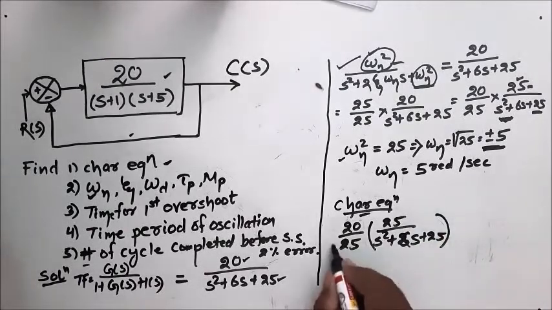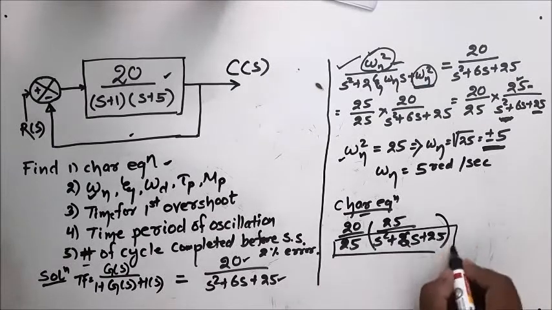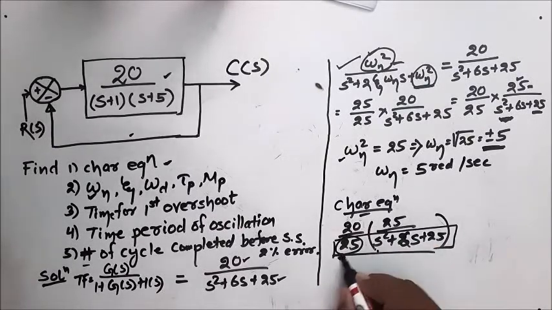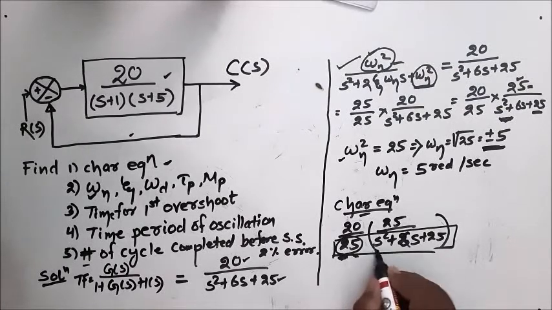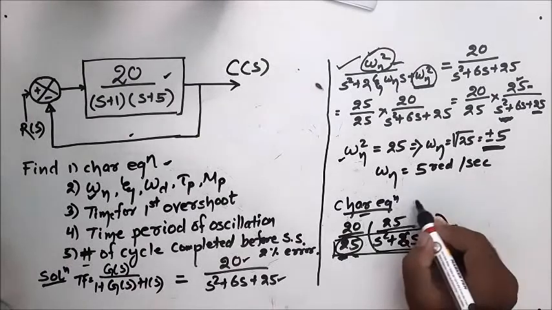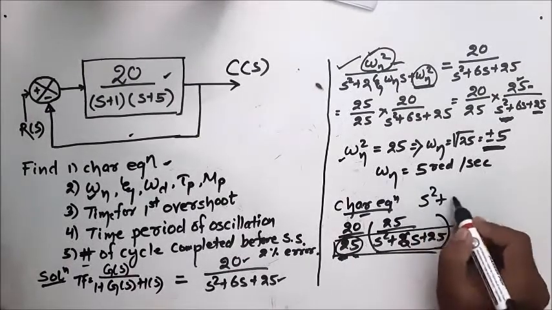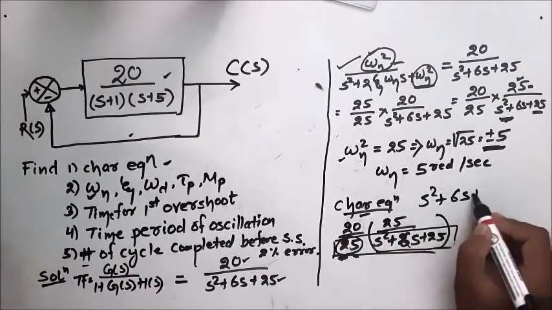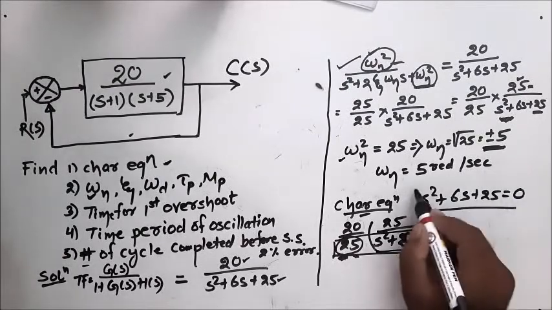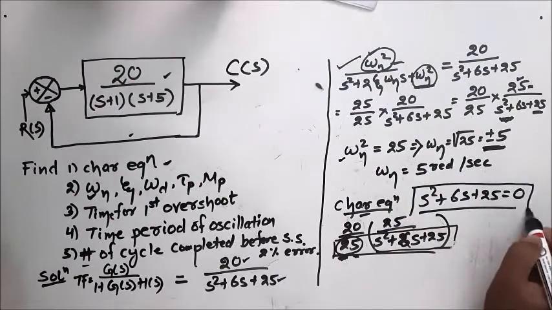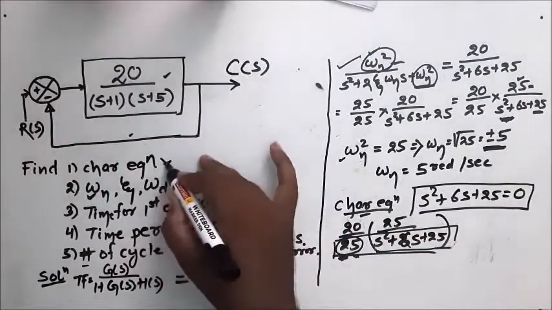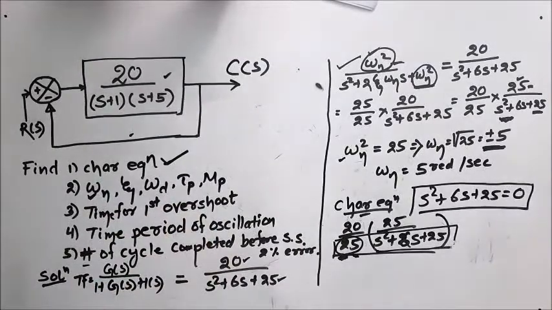If I equate the denominator to 0, either this is 0 or this is 0, but this is a constant and cannot be 0, so the remaining term will be 0. So the characteristic equation becomes s square plus 6s plus 25 is equal to 0. Clear? So I have found this, and I have found omega n also.